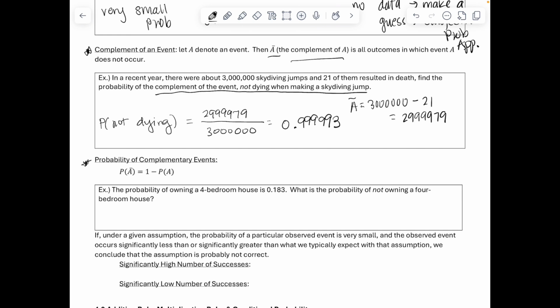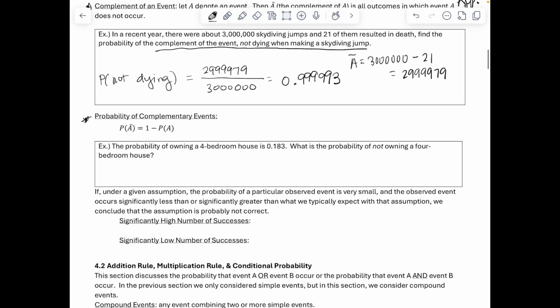Right below this, there's a little formula, which is the probability of a complement of an event. And so the probability of A bar is equal to 1 minus the probability of A. So the example right below says the probability of owning a 4-bedroom house is 0.183. What is the probability of not owning a 4-bedroom house?